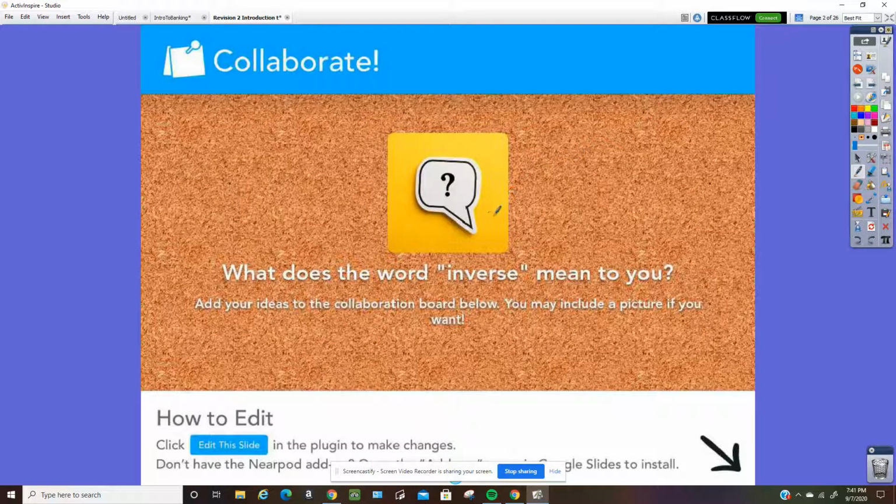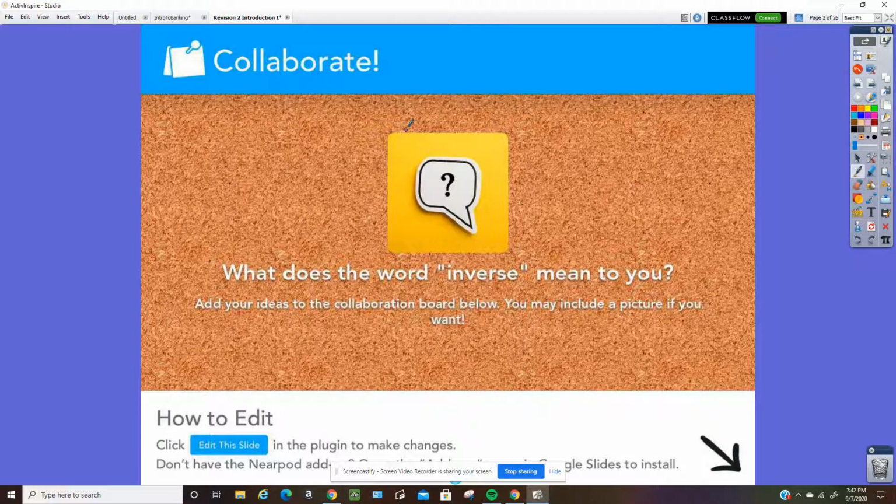This slide was different in class. We changed to what does the word math mean to you, but the inverse should mean to you now that you have to undo something. Or if you're talking about order of operation, then you would undo the order of operation in the reverse fashion.